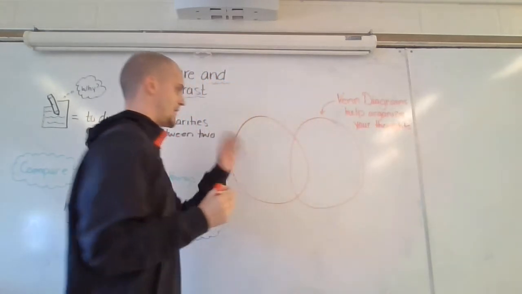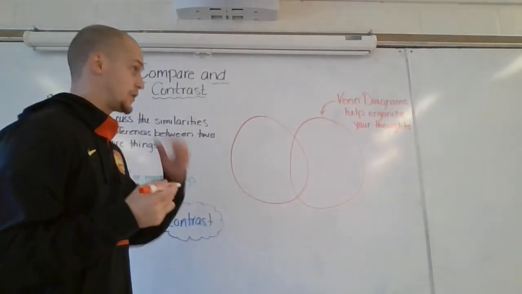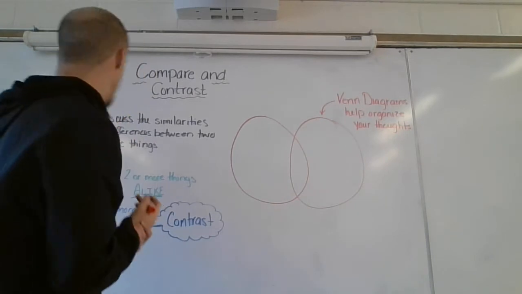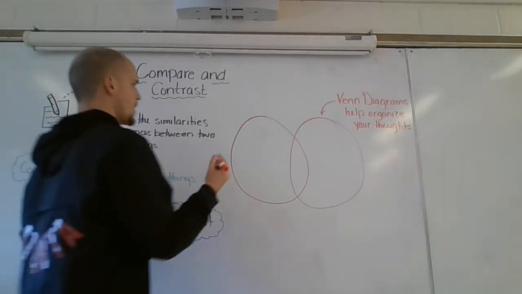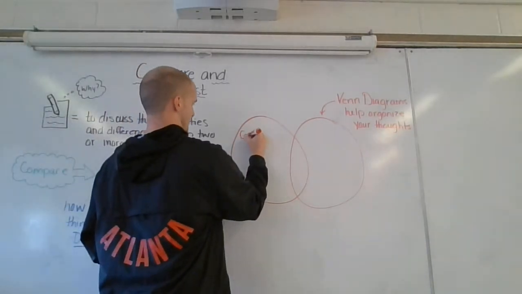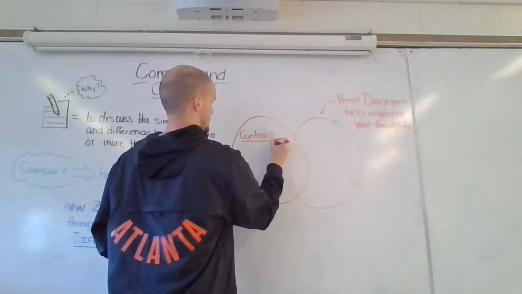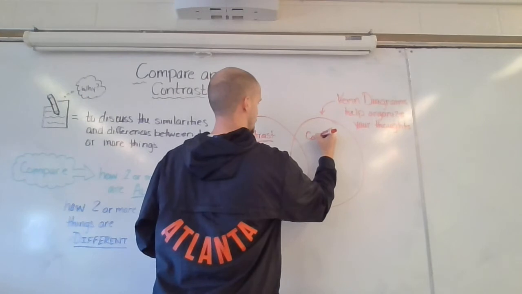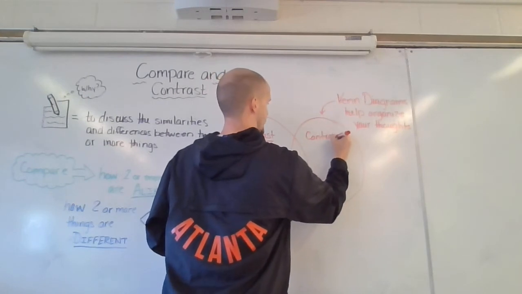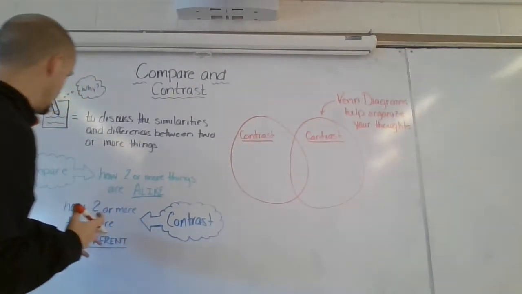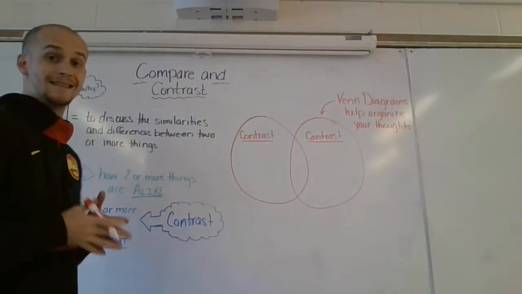A Venn diagram will help you organize your thoughts. Within this Venn diagram, we're going to put some signal words, words that will help you know that you're identifying that the author is contrasting. So these would be the signal words that let you know an author is talking about, again, how two or more things are different.